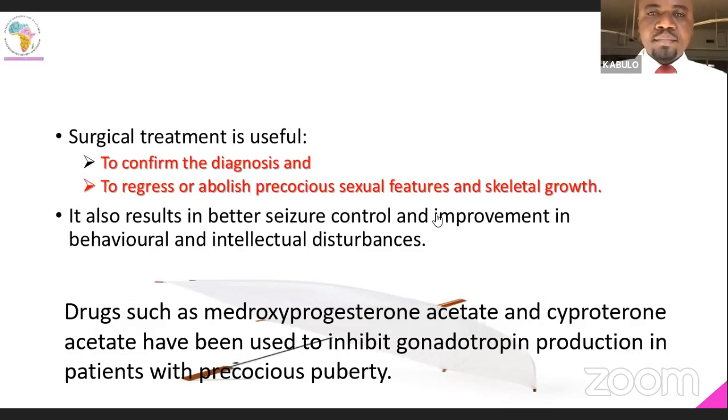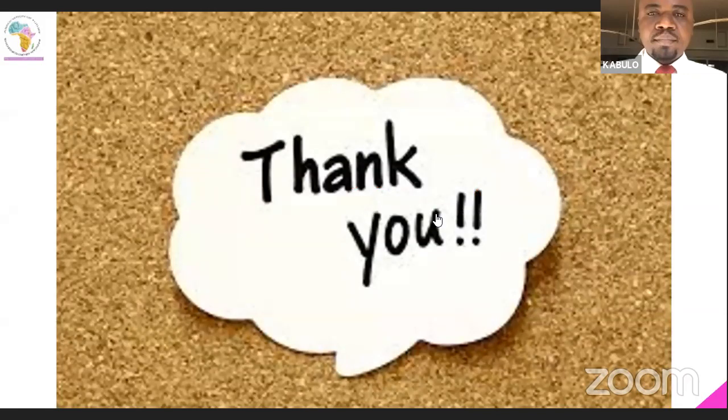They are saying if you remove even a part of the tumor, you might sort out the problem of precocious puberty. But there are also some drugs such as medroxyprogesterone acetate or cyproterone acetate, which have been used to inhibit gonadotropin production in patients with precocious puberty. So apart from surgical treatment, you can also use drugs. But if they fail, then you go again for surgery.